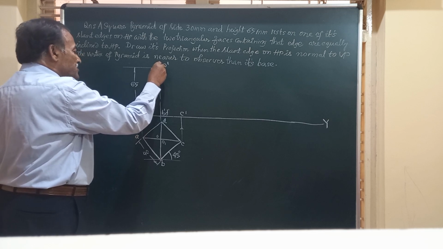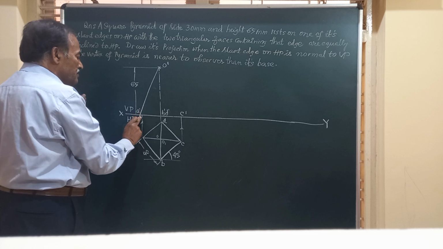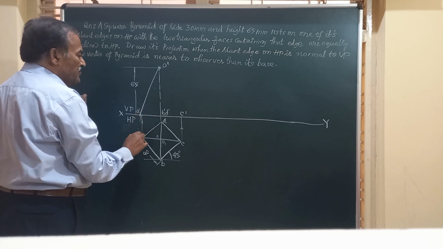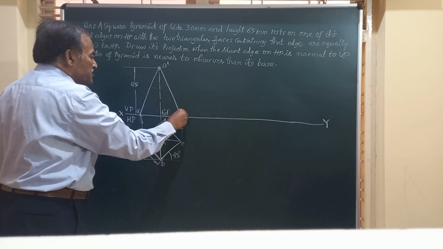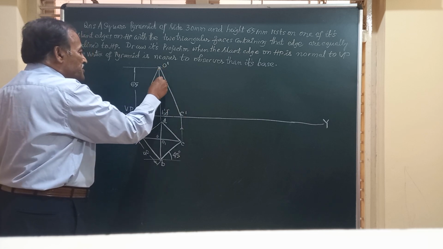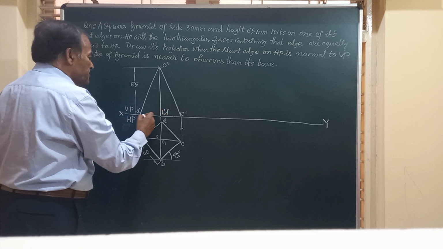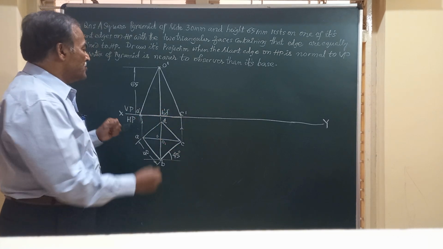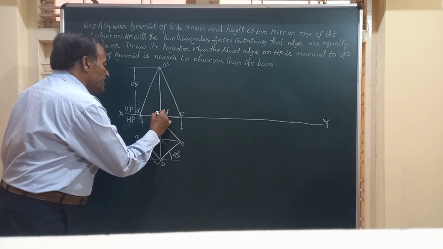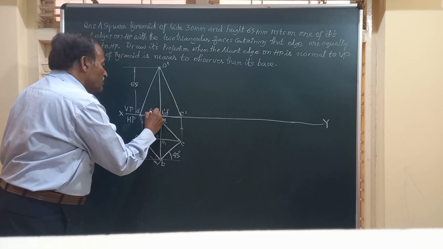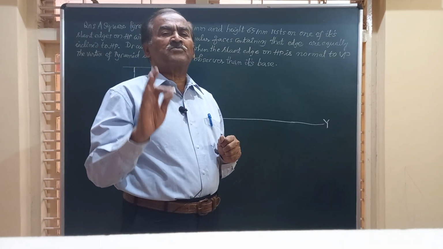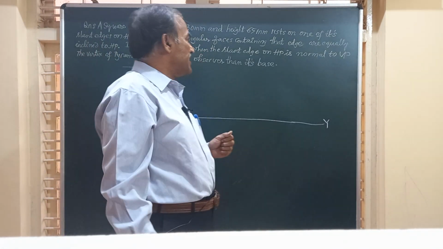So O dash to A dash, then we have O dash to C dash, O dash to B dash, and O dash to D dash. And this is how the pyramid looks in the front view. And very obviously the axis O dash O1 dash is normal to HP, the horizontal plane.